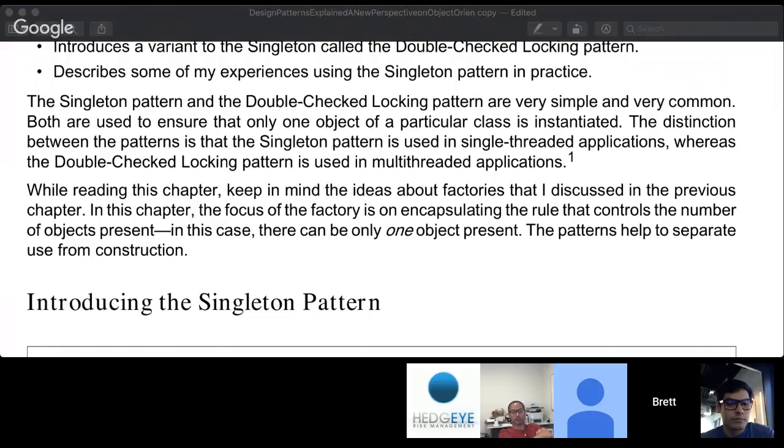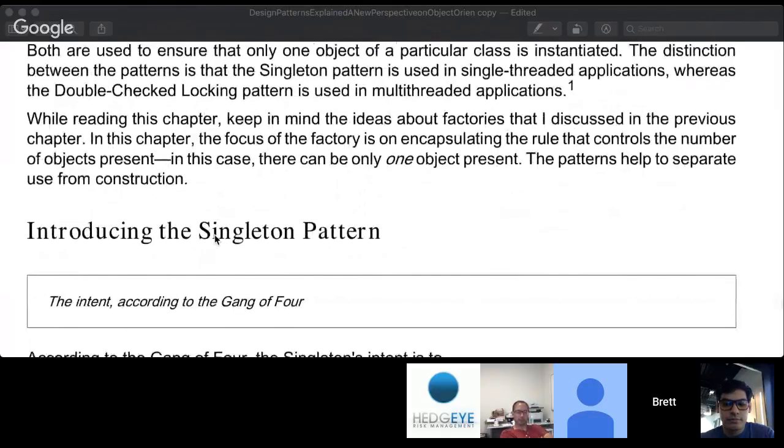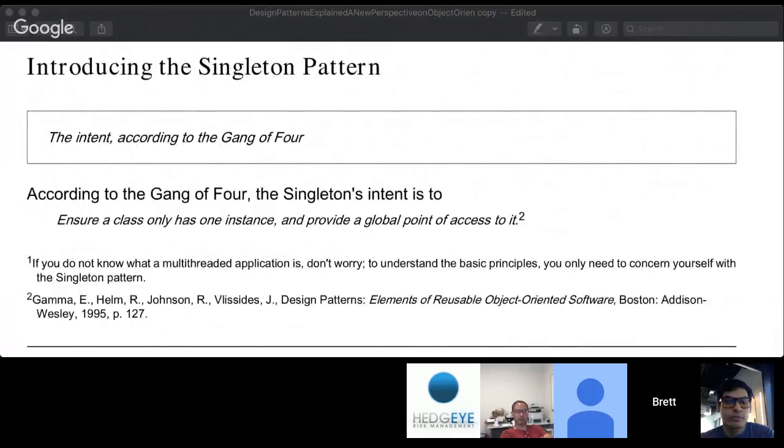But I also have never programmed a production application that required threading. The Gang of Four basically says to ensure a class only has one instance and to provide a global point of access to it.